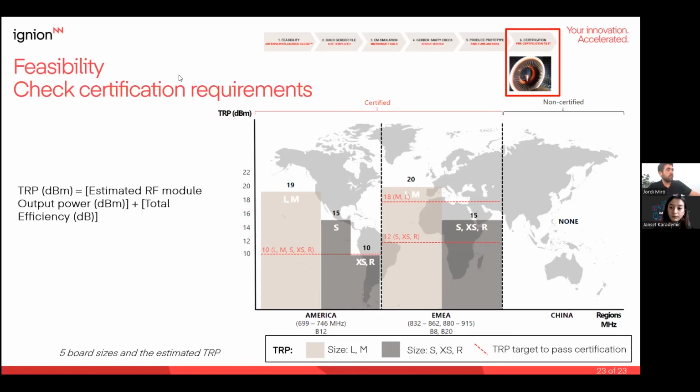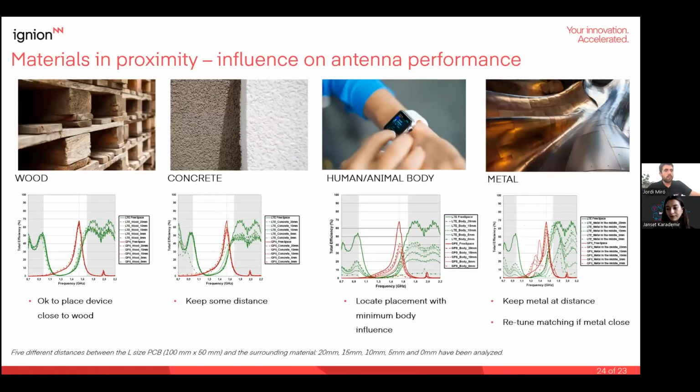But let me go back to the material section. More or less, and from my experience, it will be the same as the good example. It will add some losses to the system, and that's it. Polycarbonate doesn't affect the antenna performance a lot.